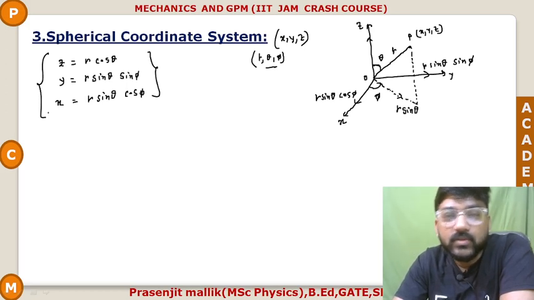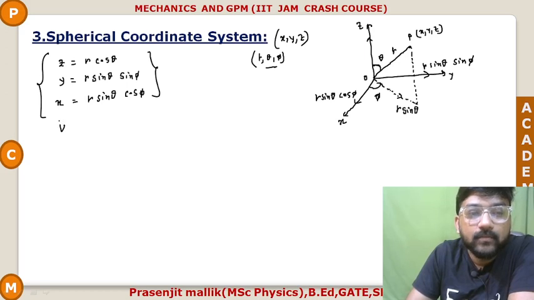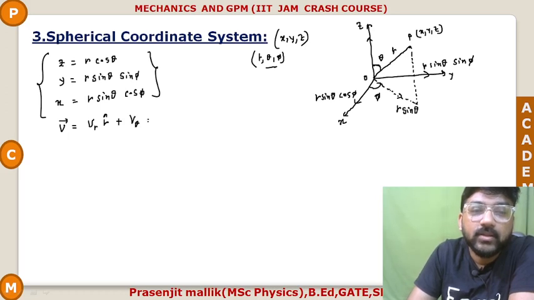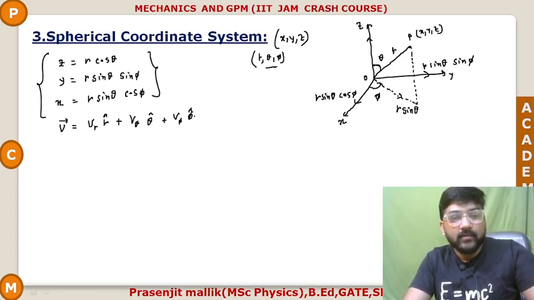Now what will be the velocity and acceleration? This is more important. Again here also velocity has three components: first the radial component, that is v_r r cap, then v theta theta cap, and then v phi phi cap. Here the expression is more complicated. Let me write it.